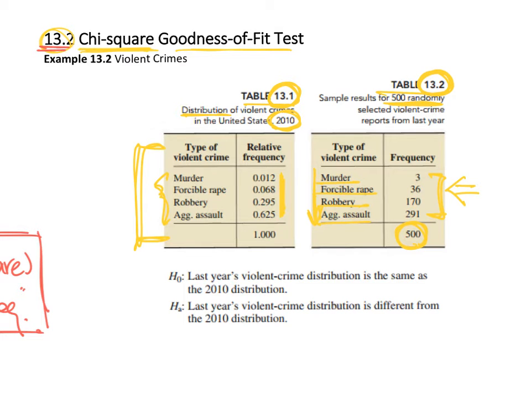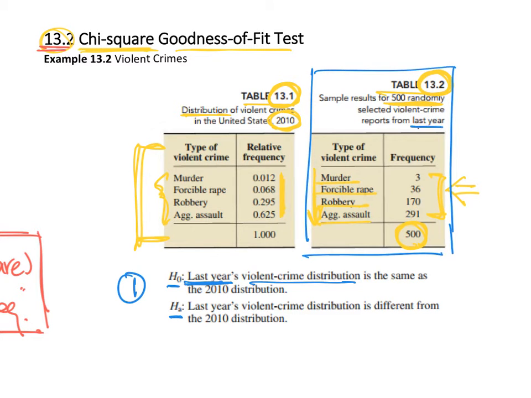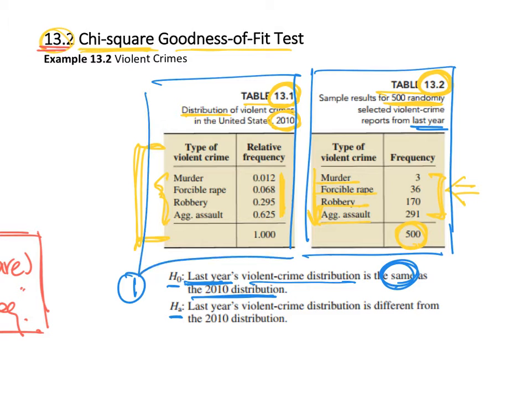So now it is testing again, and absolutely we are going to apply the 5 steps. In step number 1, we state the null hypothesis and alternative hypothesis. Please look at the null hypothesis: the violent crime distribution last year, I mean the frequencies, is the same as the distribution in 2010.